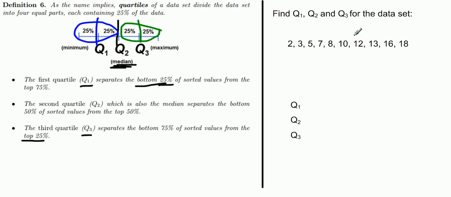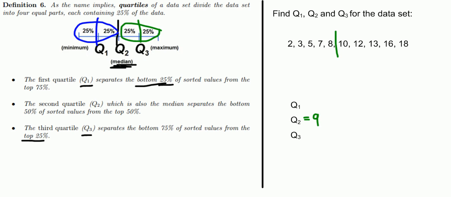That means there's going to be 5 in the bottom half and 5 in the top half. So my median is going to go right here. This is Q2. Now Q2 is the average of 8 and 10. You might be able to look at that and see that the average of 8 and 10 is in fact 9. If you don't feel comfortable seeing it, then you would just add 8 plus 10, get 18, and divide by 2.